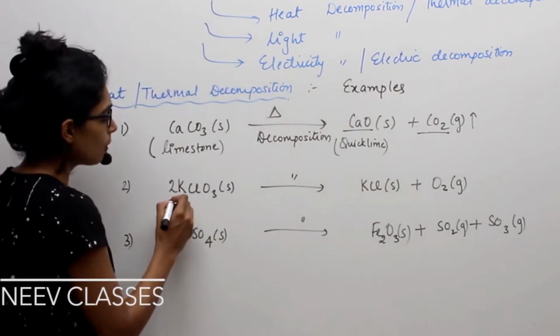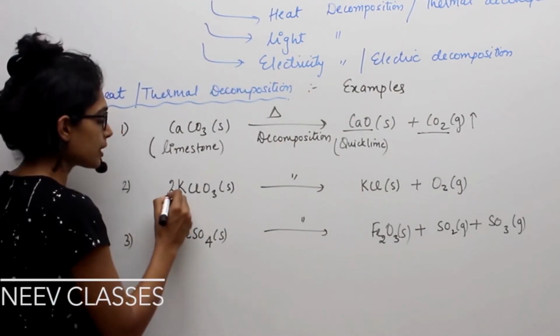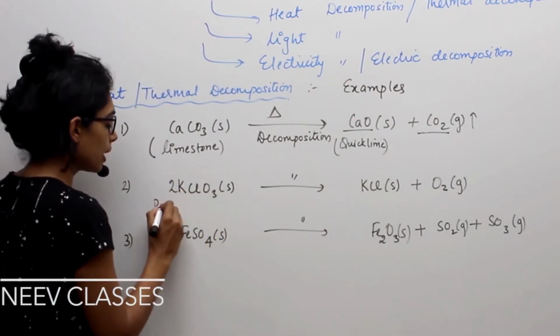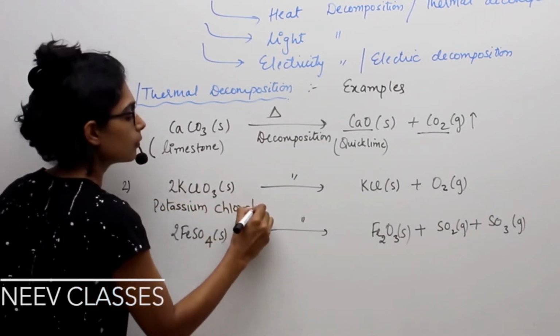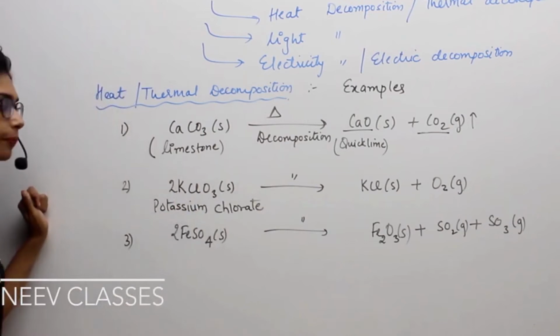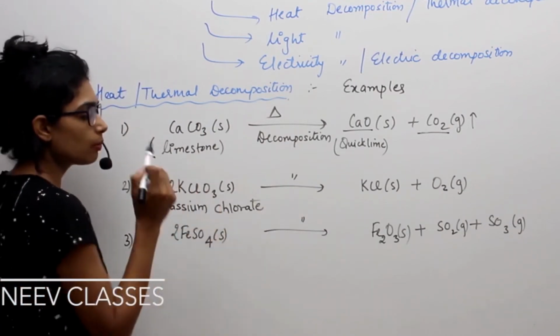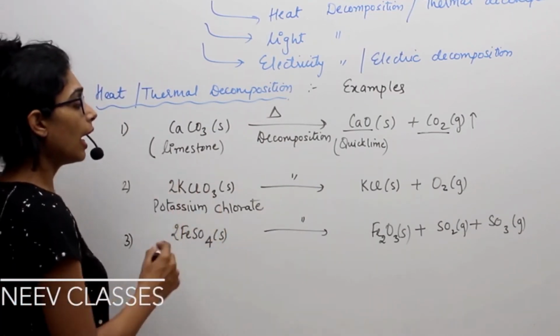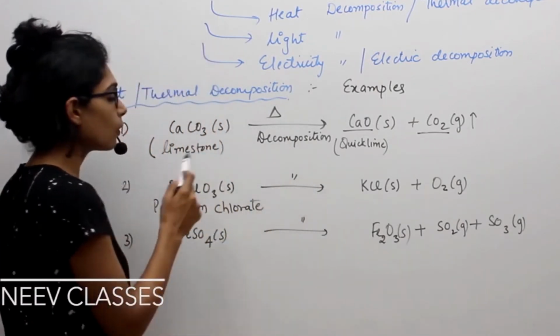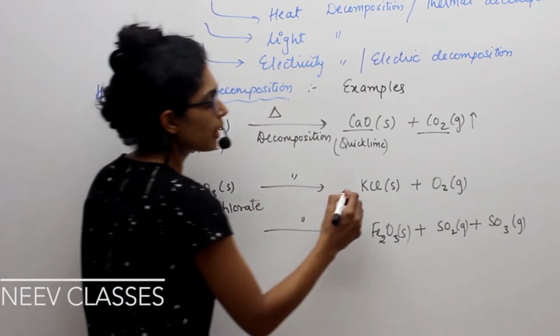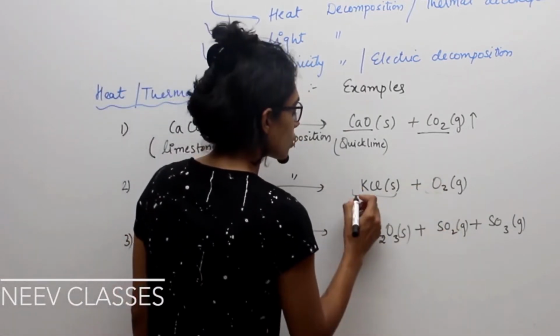Similarly, the next compound is potassium chlorate. KClO3 is called potassium chlorate. All these names you will have to remember. Okay, and when this particular compound is heated, it breaks down into KCl and oxygen.